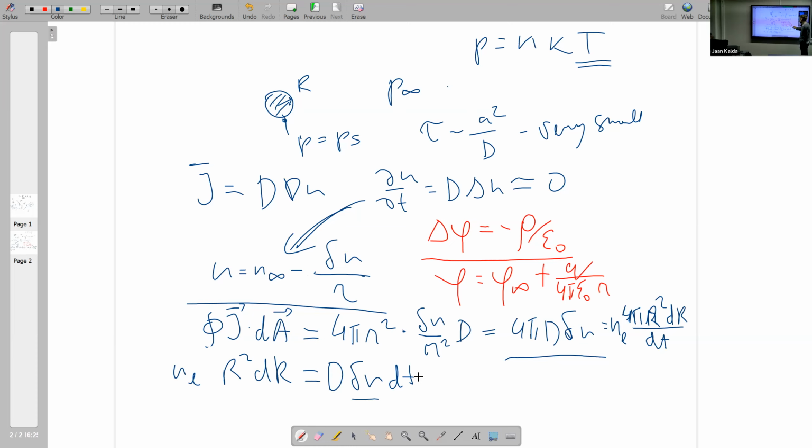Actually, this goes to a Dirac delta function divided by epsilon naught in the case of a point charge. So it is 0 apart from the point where we have the point charge. In both cases we are looking for a spherically symmetric solution.